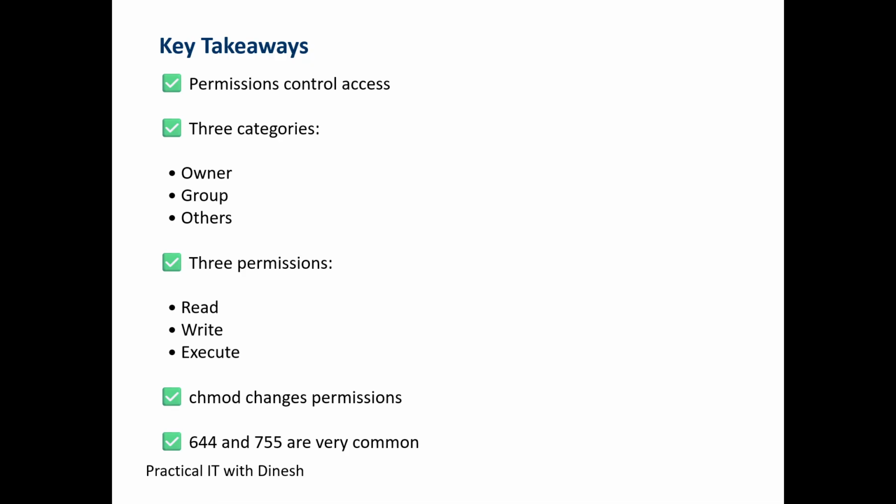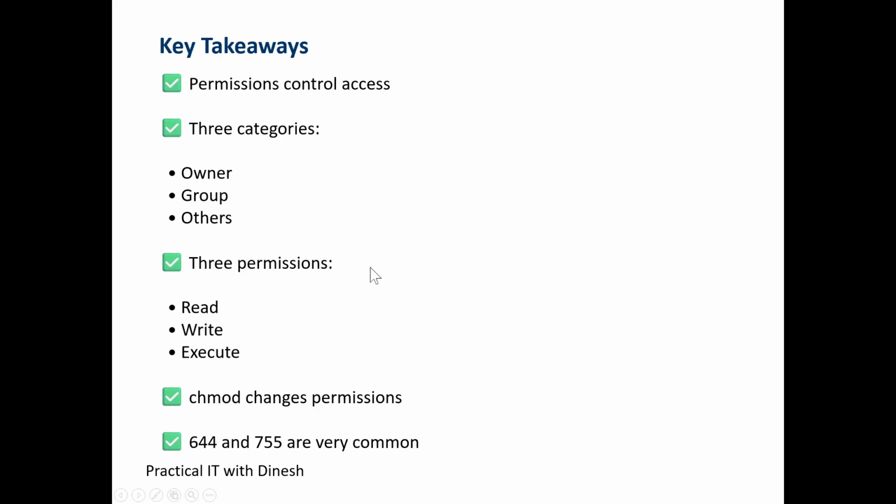Let's summarize what we have learned and walk through this slide. Permissions control access to files and directories. There are three categories of users, that is owner, group, and others.